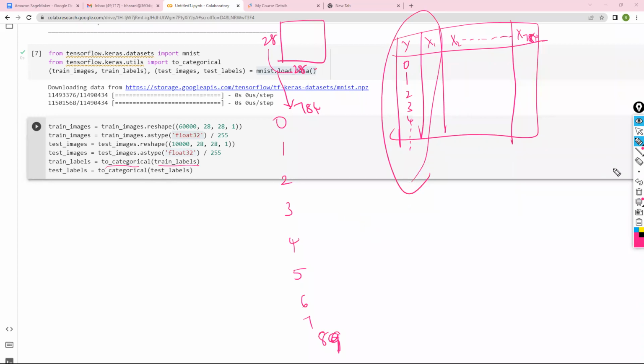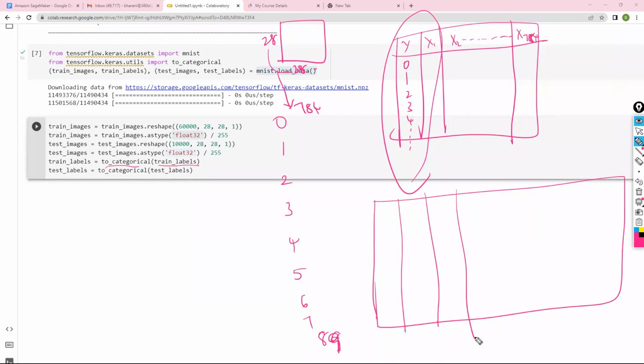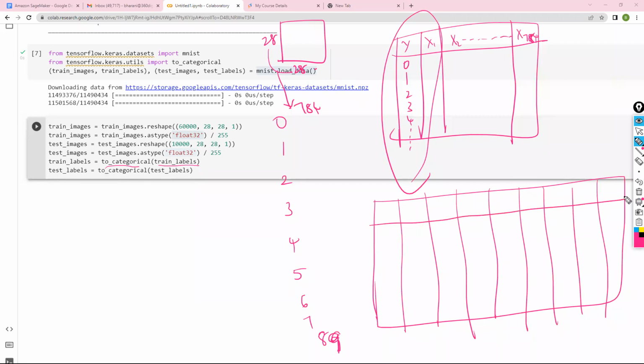When you do one hot encoding of only the output variable, then you get columns 0, 1, 2, 3, 4, 5, 6, 7, 8, and 9.